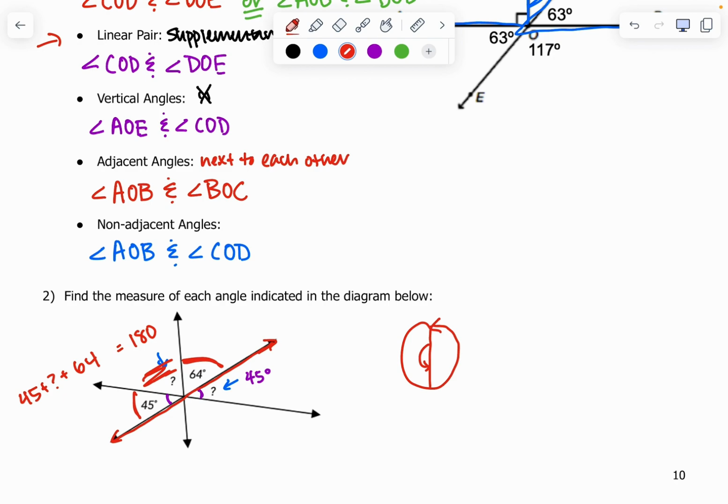So we should be able to just subtract 45 and 64 from 180, and we're going to find what that missing angle is. So if we do that, and I'm going to encourage you to pull out your calculator just so you can double check me. If we do that, I personally got that we get 71 degrees. Okay, if I got something different, let me know. We can change the video or make a disclaimer, but 71 degrees is what I got.